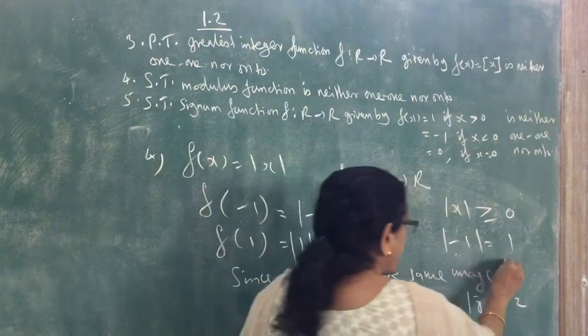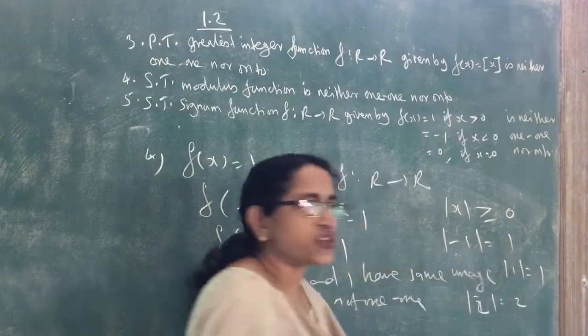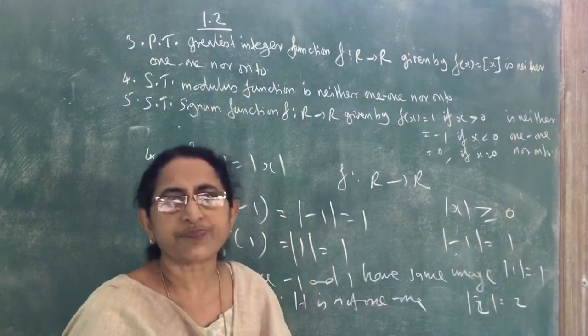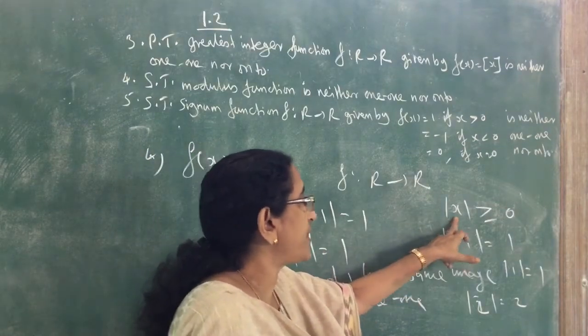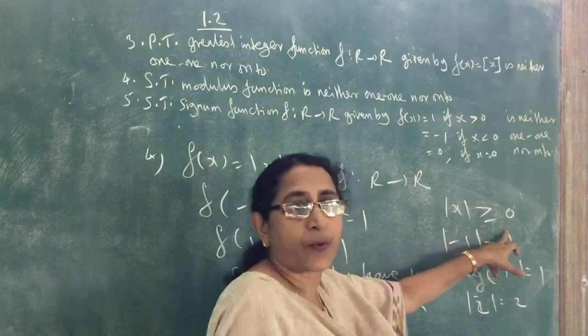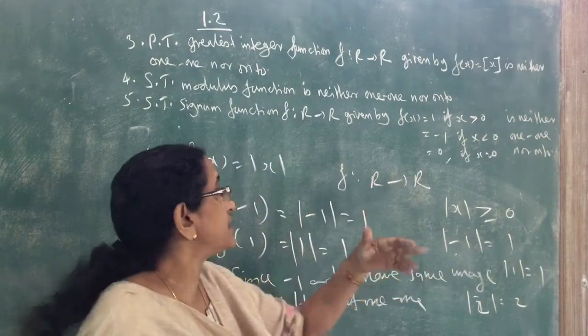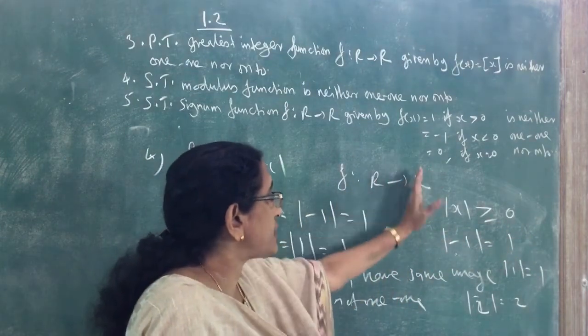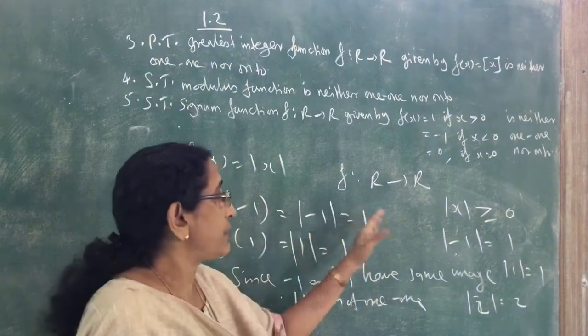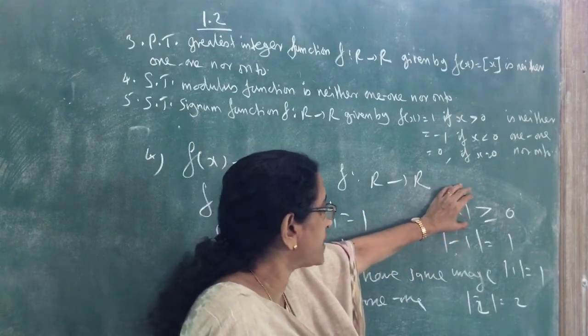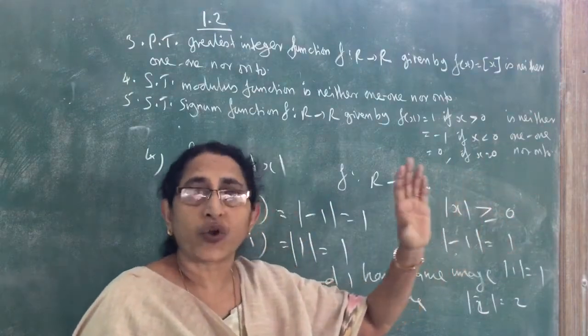So the modulus of a number is always non-negative, so modulus x is always greater than or equal to 0. So there are negative numbers in the codomain, and negative real numbers in the codomain have no preimage because f of x equal to modulus x is always greater than or equal to 0.